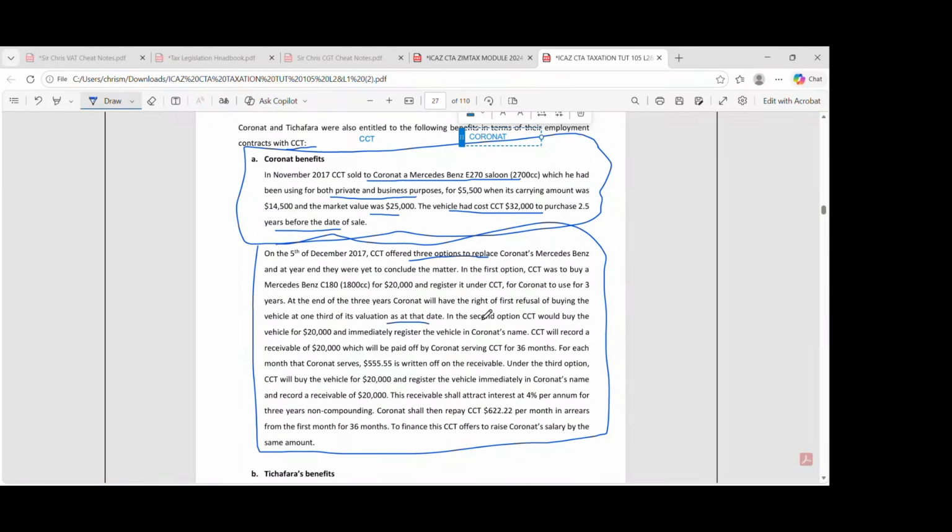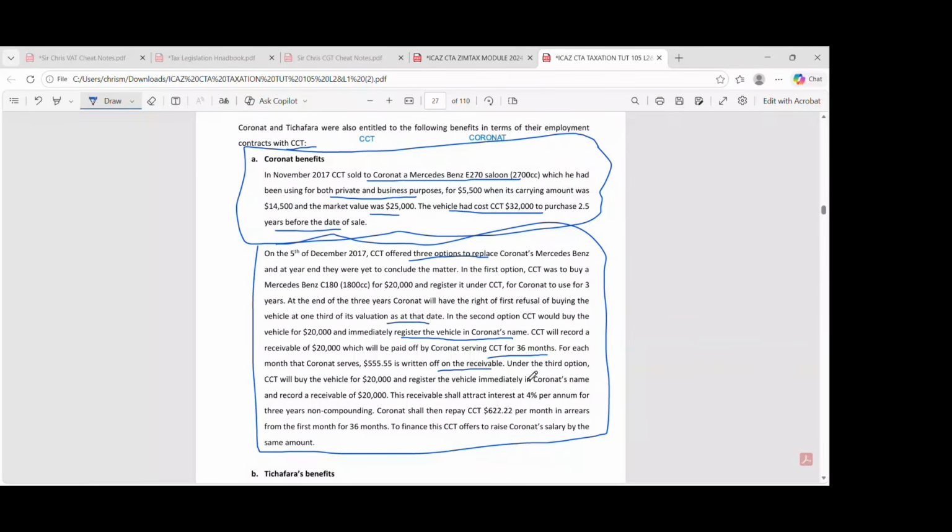Then option 2, CCT would buy the vehicle for 20 and immediately register the vehicle in colonat's name. CCT will record a receivable of 20, which will be paid off by colonat, saving CCT for 36 months. For each month that colonat saves, 55 is written off on the receivable. That's option 2.